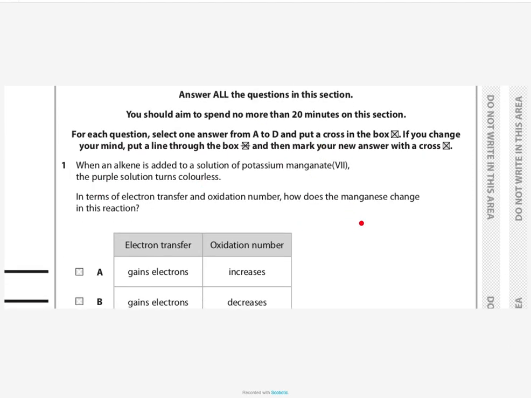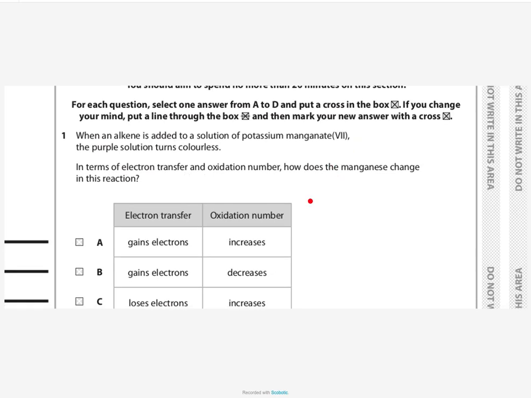First question: when an alkene is added to a solution of potassium permanganate(VII), the purple solution turns colorless. In terms of electron transfer and oxidation number, how does the manganese change in this reaction?